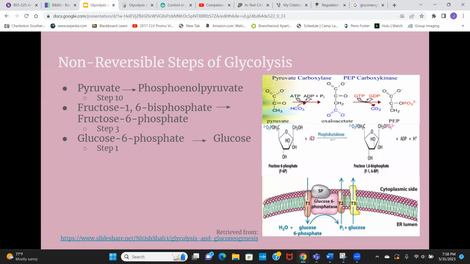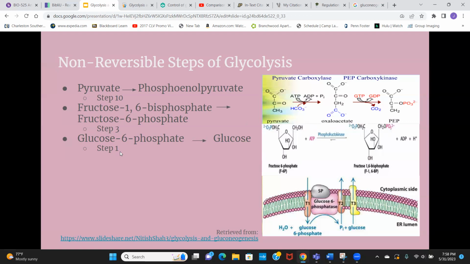Okay, and then we can keep going steps all the way down to step number 1 or step 10 in gluconeogenesis. The very last step for gluconeogenesis. Glucose 6-phosphate can't just readily be reversed into glucose. Okay, it's also going to occur via hydrolysis.